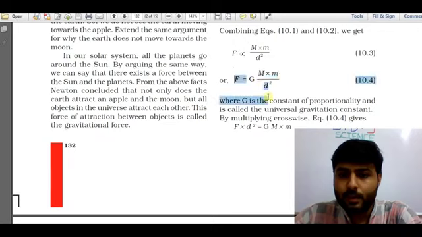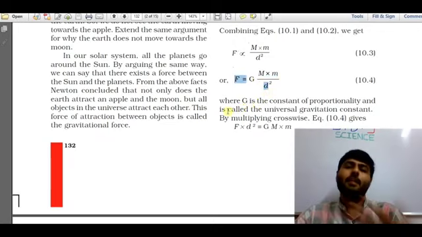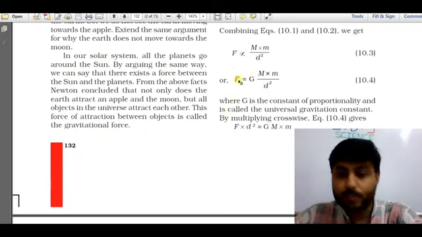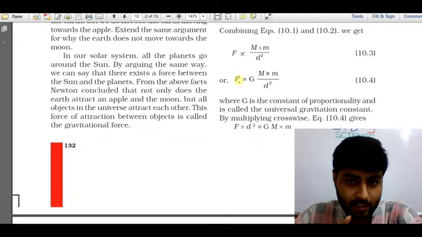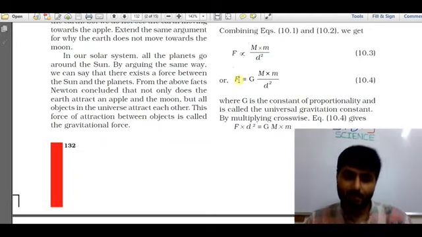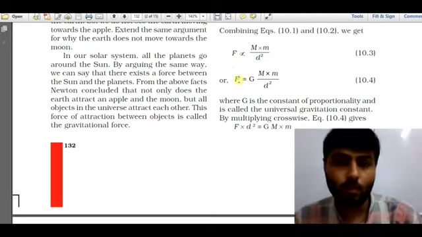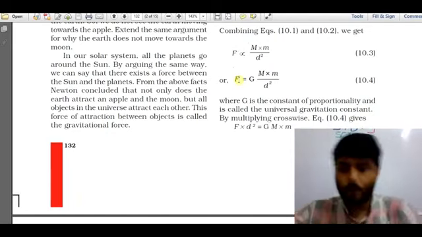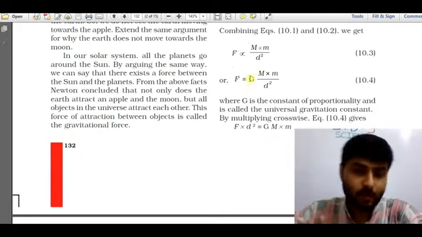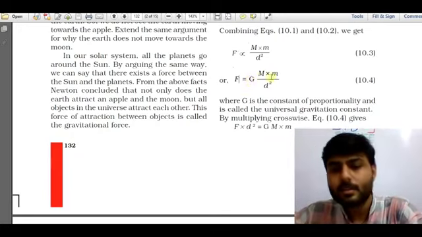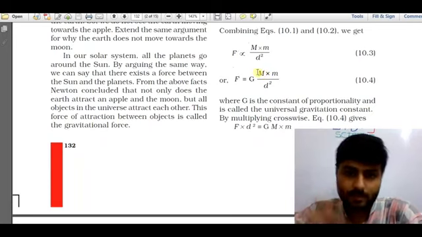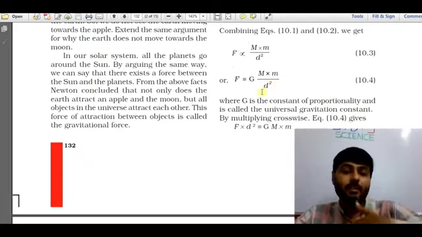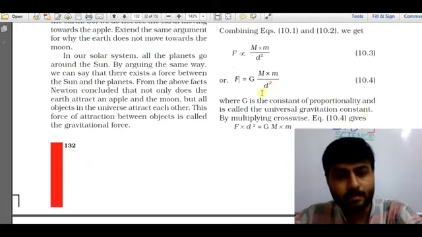If we put values for me and my friend, or say you and your friend, F, that is gravitational force between you and your friend. We have to put value of G here. We now have the standard value of G with us, your mass and your friend's mass, and distance between you and your friend.